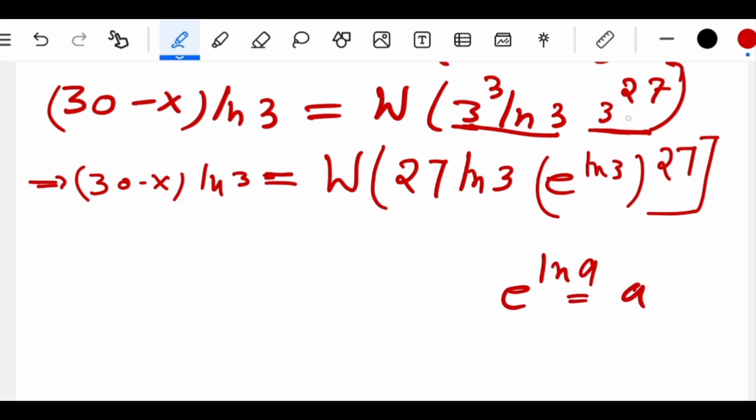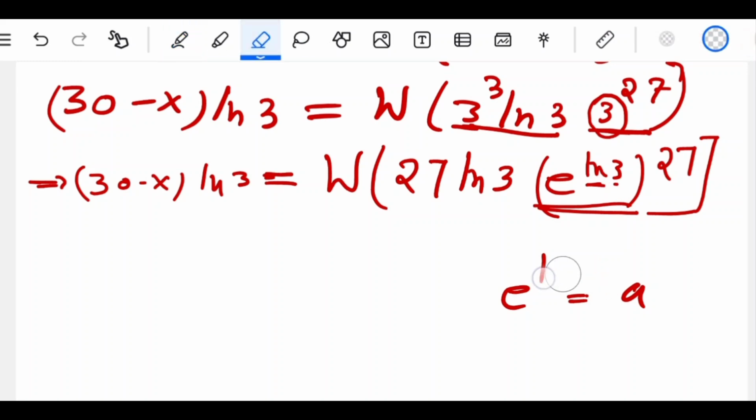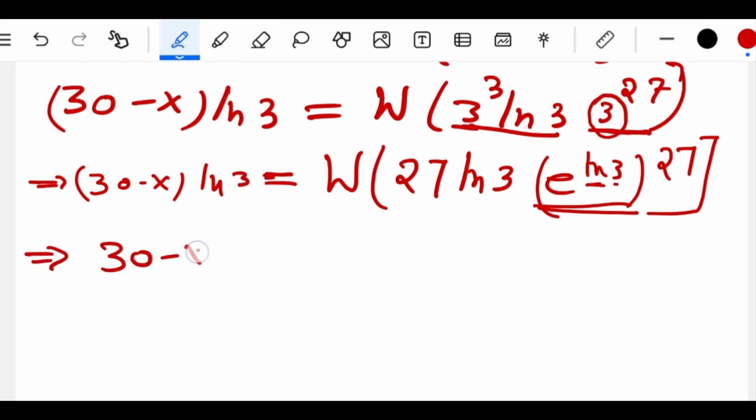So 3 raised to 27, it means we just put the value of 3 as e raised to ln 3. Now in the next step, 30 minus x ln 3 is equal to, by applying the Lambert W function again, this entire value as a, so you just write 27 ln 3.